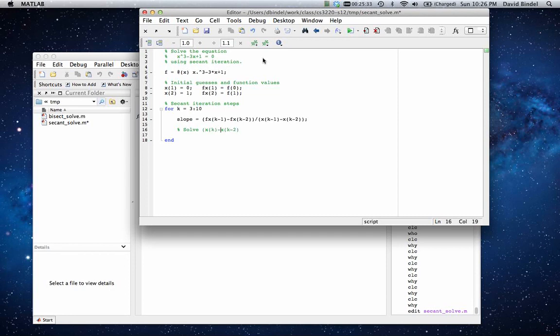And we're solving this for xk. Okay, so that's the value at point xk is what we want, and that's going to be that times the slope plus f of x k minus 2. Right, and we want to set that equal to 0.